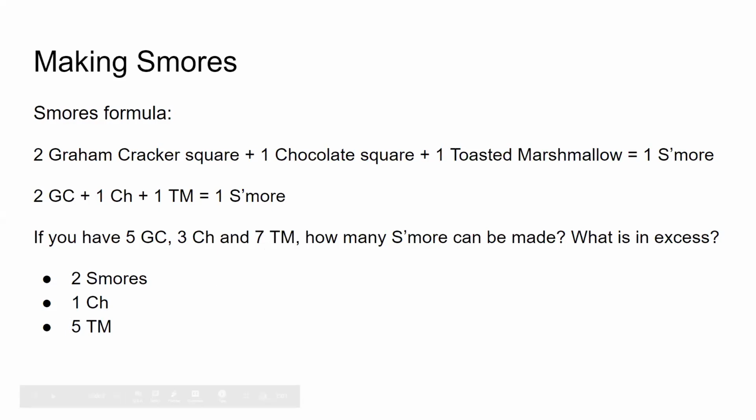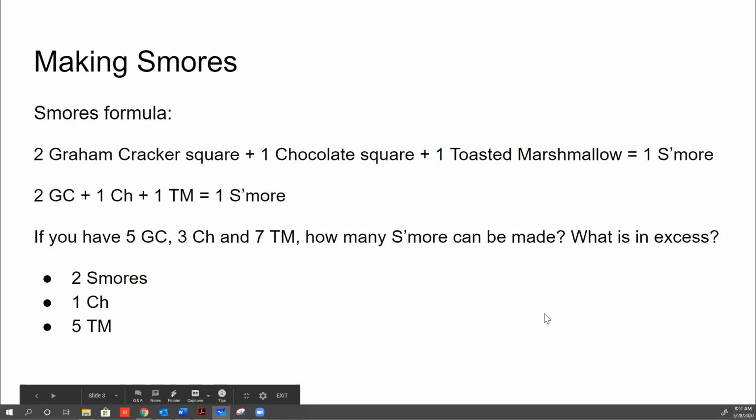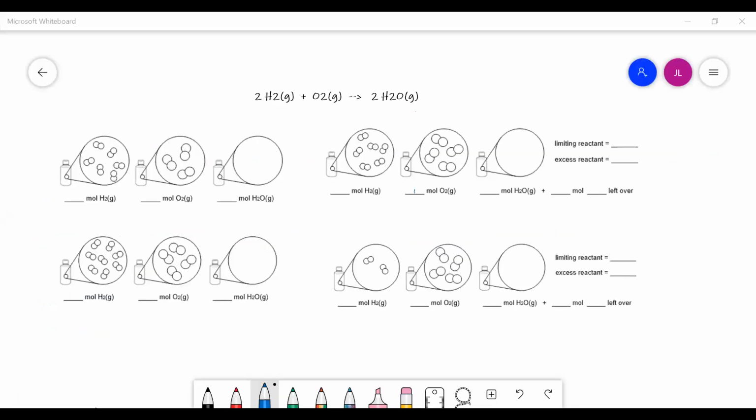So how does that work when we are thinking about chemistry? Let's look at this example here, where hydrogen plus oxygen gives me water. Right at the top, we have our balanced equation of 2 hydrogen plus 1 oxygen gives me 2 waters.